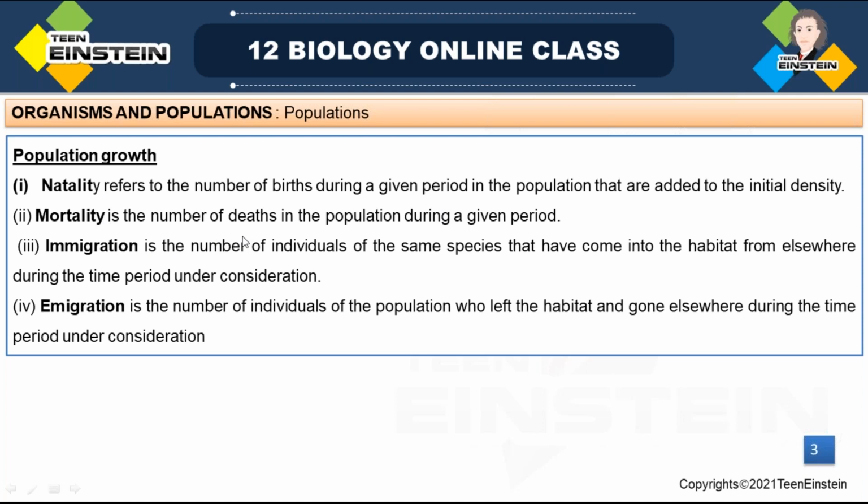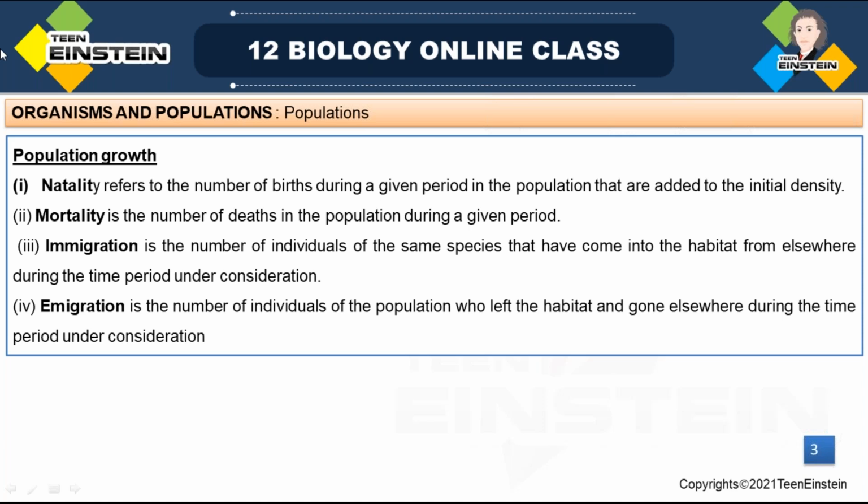Mortality is the number of deaths in the population during a given period. See, if you are calculating the population growth or population density, whether we want to know if the population is growing or declining, if more births are there in a particular period, at that moment we can mark it as a growing population, or that there is population growth.